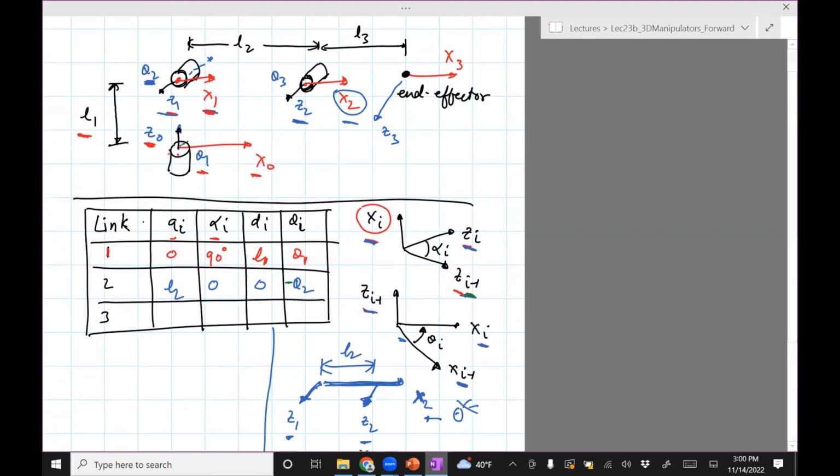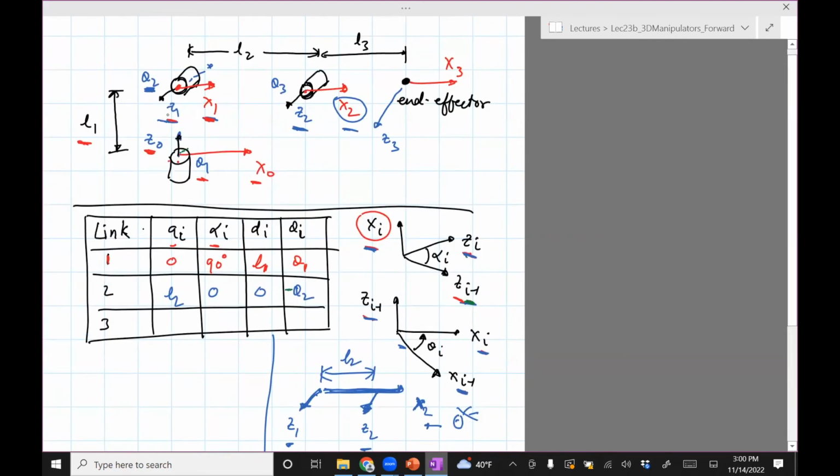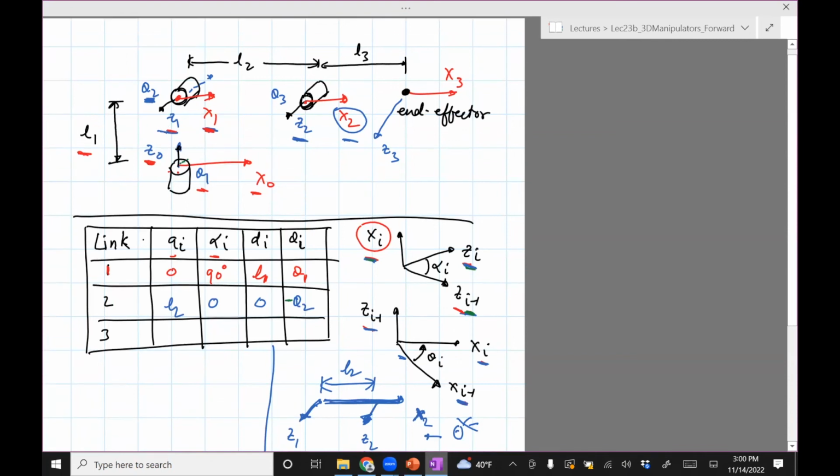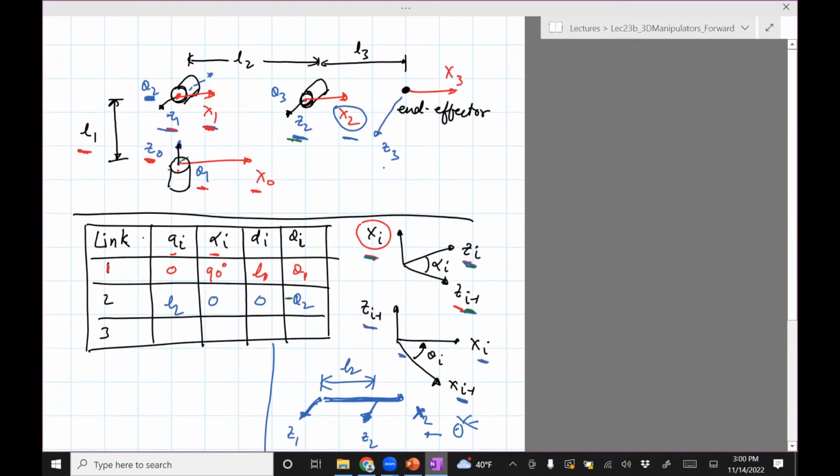So I'm looking at Z2, Z3 about X3. So the angle between Z2 and Z3 about X3 is going to be 0. Next is the distance between Z2 and Z3 about X3. So it's going to be this distance, which you can see is L3.